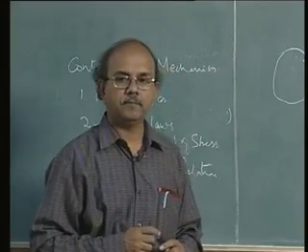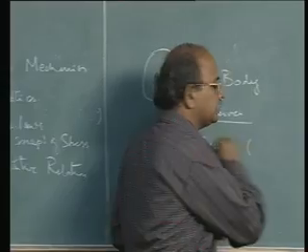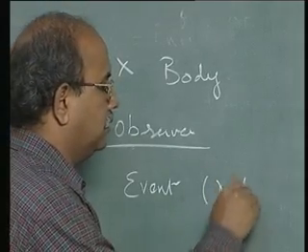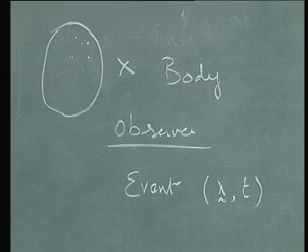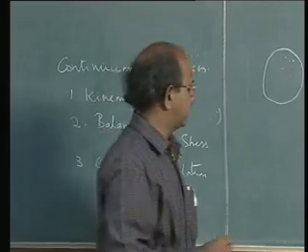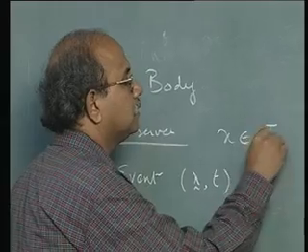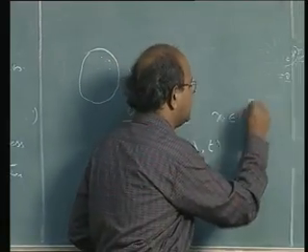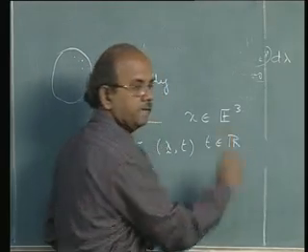An event can be looked at as consisting of two things: a vector x and a time t. Now, this vector x is a member of the Euclidean space, which I would call E3, and t is a member of the reals.